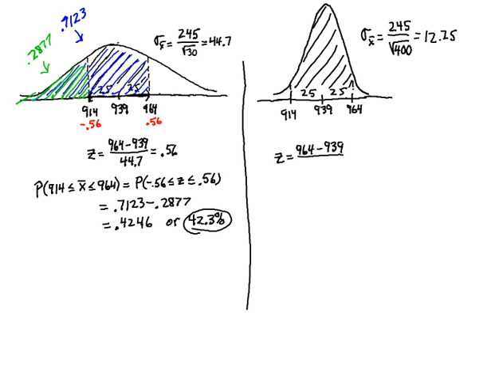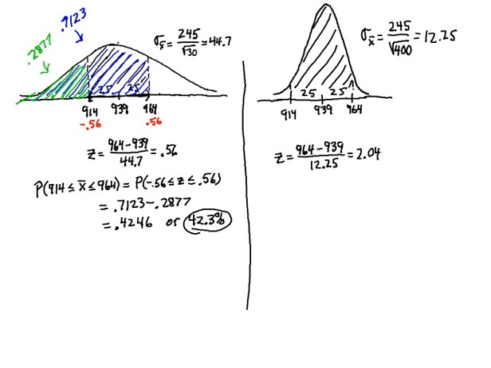Pretty much the same thing we did with the last problem when the sample size was 30, except the standard deviation is now $12.25, the standard deviation of the sampling distribution. And this then calculates to a z-value of 2.04.